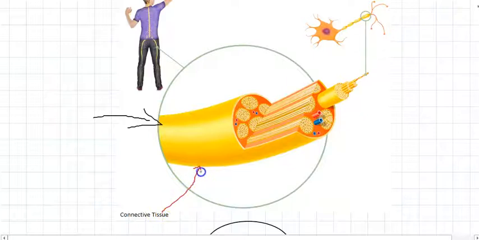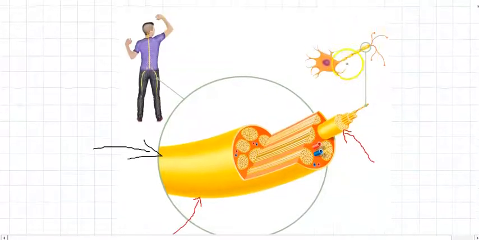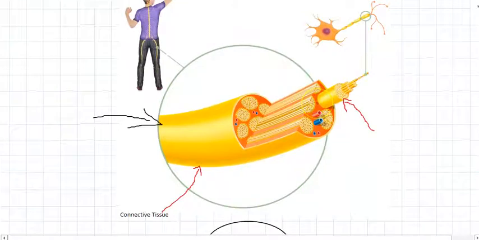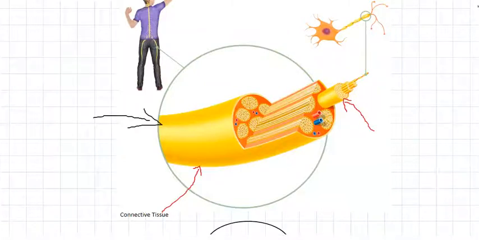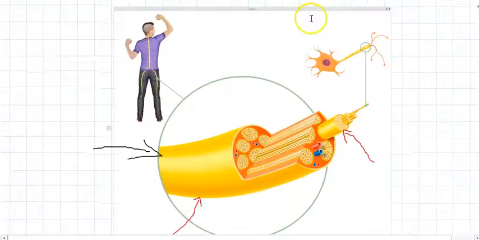Then you can see in that connective tissue, there's a whole lot of bundles, and within each bundle, if we look closely at this one here, you can see that's made up of a whole bundle of neuron axons. So that's how neurons make up nerves. In this example, we had a motor neuron. You can see here.